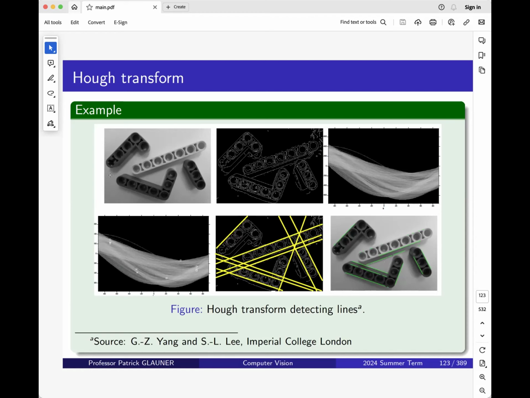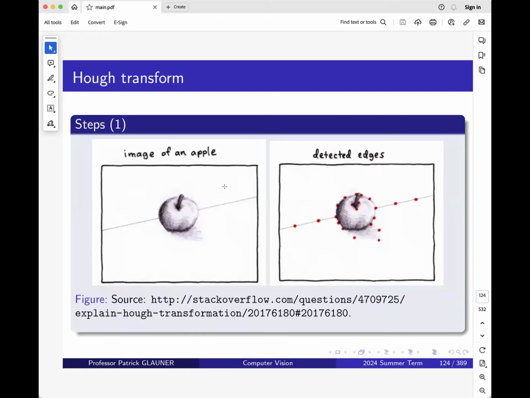Even though there's noise and all sorts of strange problems like illumination, it still works fairly well. I have to tell you, when I studied computer vision, I struggled understanding the Hough transform on my first go. The professor who taught it is a very good professor, but I just struggled to get what the Hough transform was about and how it worked.